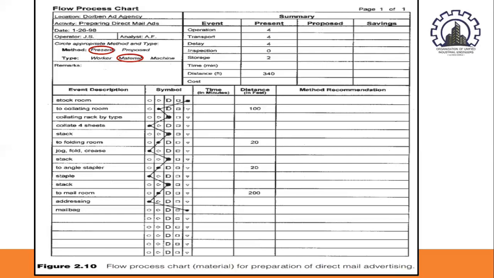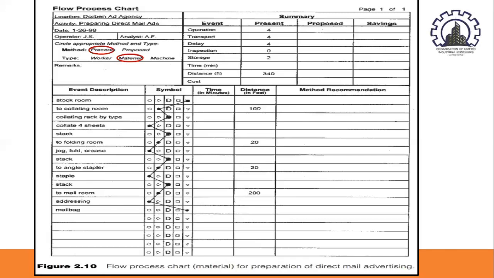As you can see in the sample given, you have there the location. In this case, the location is Durban Ad Agency. Again, this is the preparation of direct mail advertising. So the location where the analyst is studying this is in Durban Ad Agency, and the activity is preparing direct mail ads.